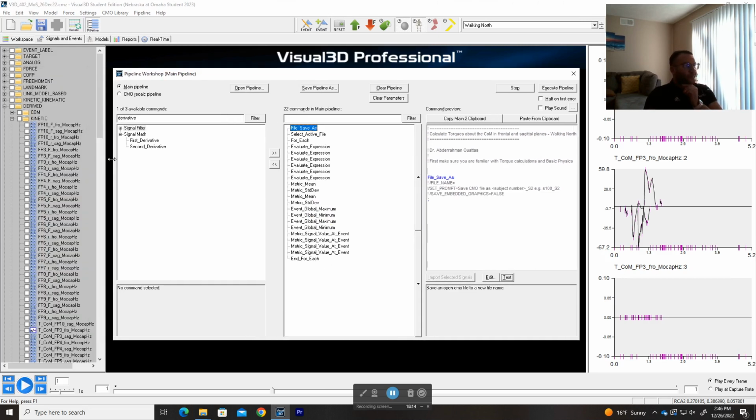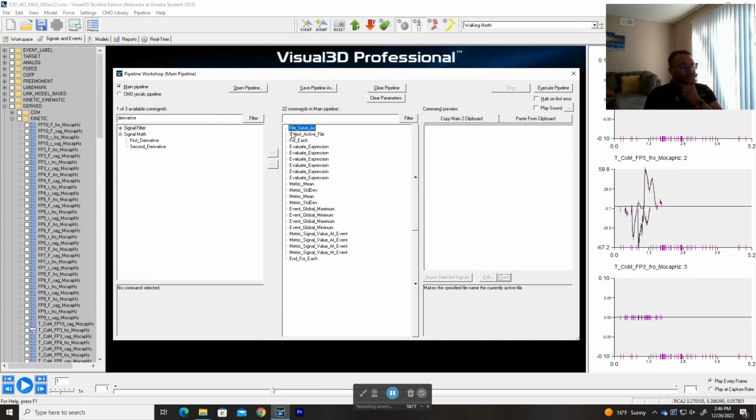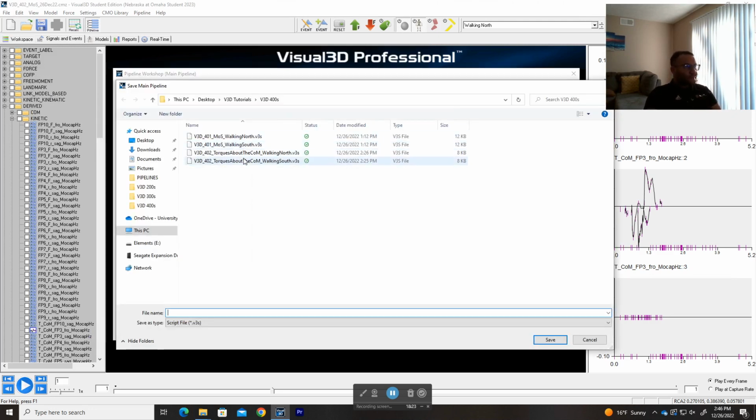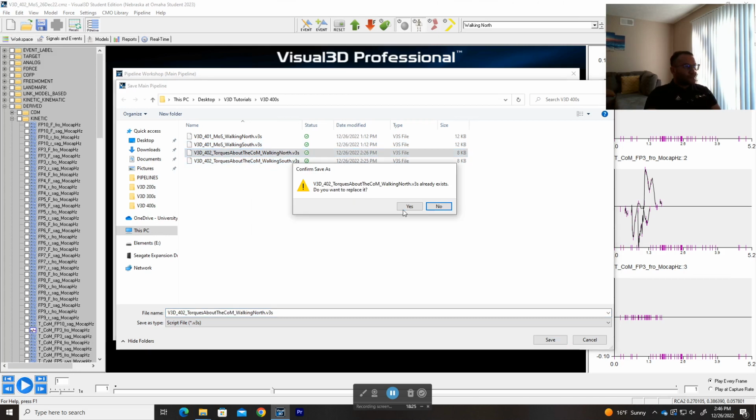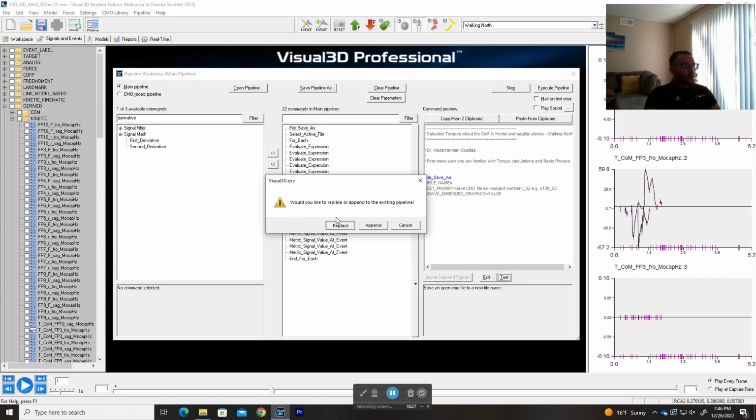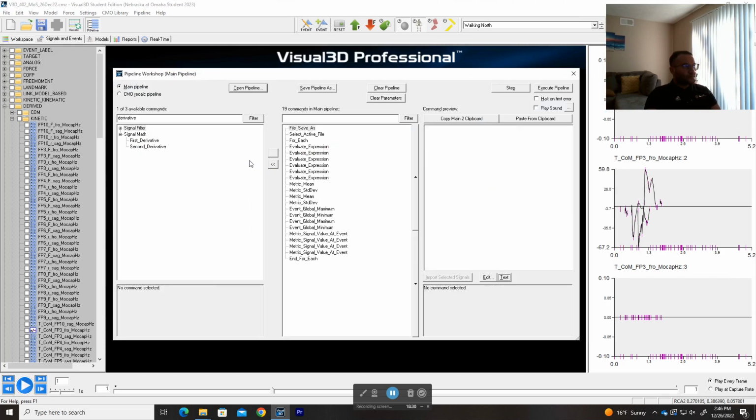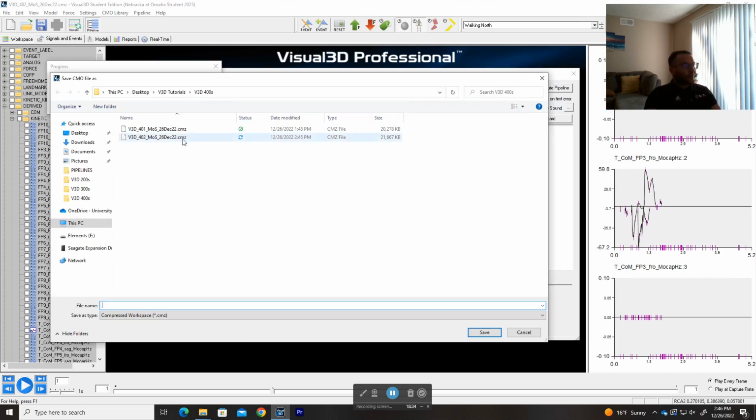So we do that for the Walk North, and then let me save this, and then let's add the Walk South calculations, and then we'll execute this pipeline as well.